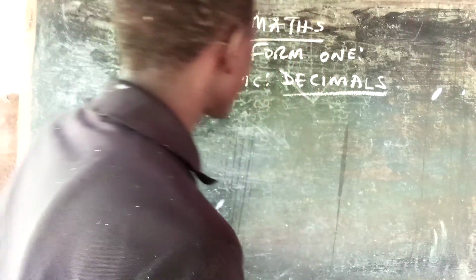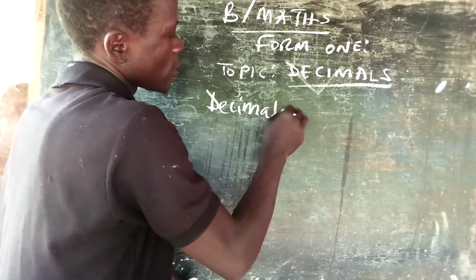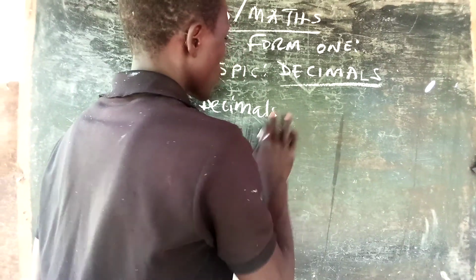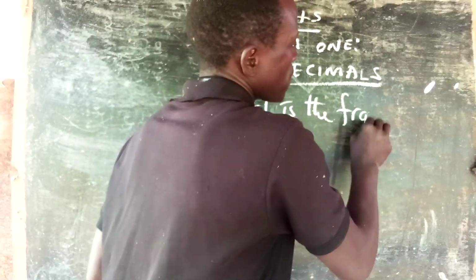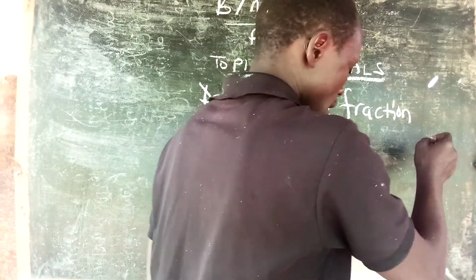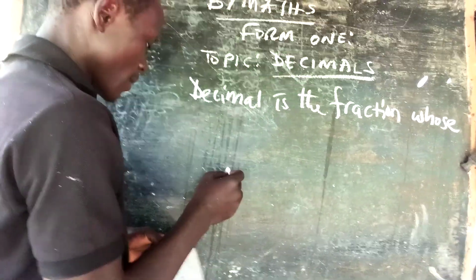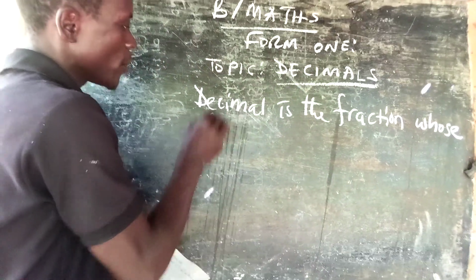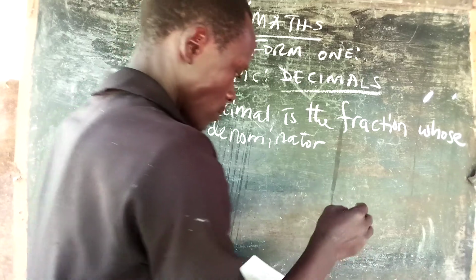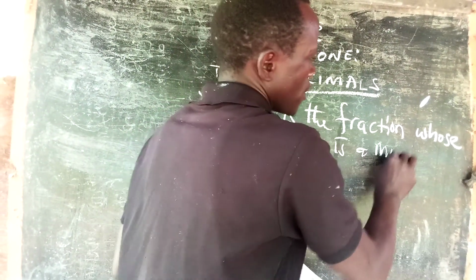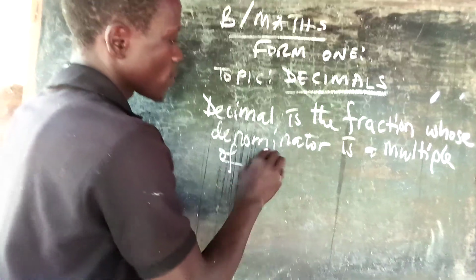In definition, we can say that a decimal is a fraction whose denominator is a multiple of 10.